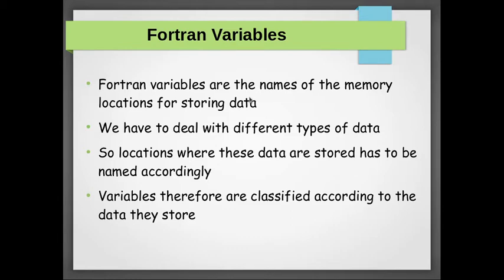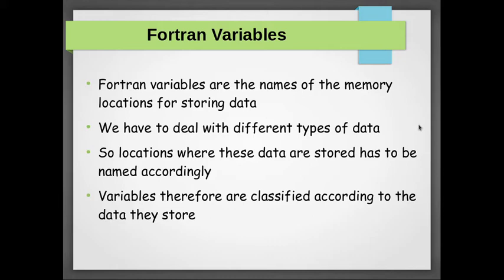So this data that we are talking about are nothing but the Fortran constants that we discussed in the earlier lecture. And we have different kinds of data or different kinds of Fortran constants. It can be numeric, it can be characters, it can be in the complex form, it can be logical data.